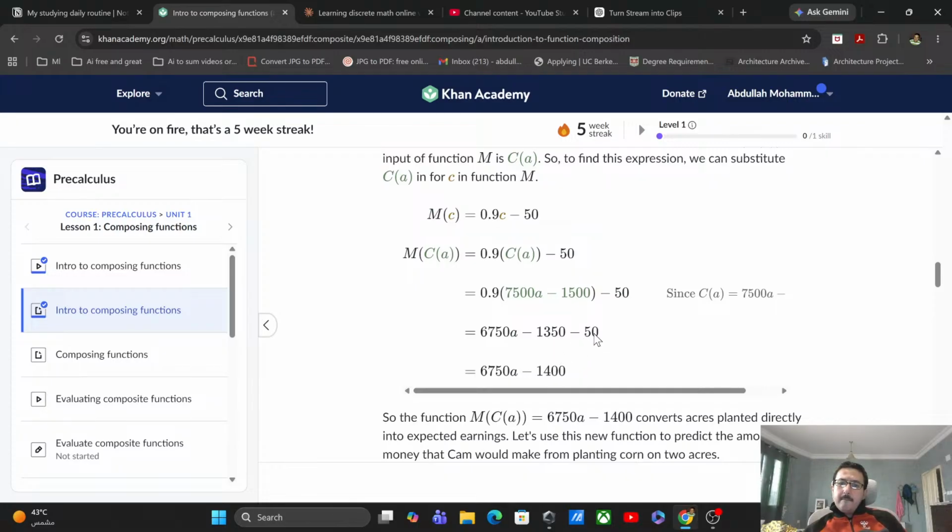Oh wait, something is wrong here. This is the same, but minus 50 is 1300, not 1400. It's 1300.